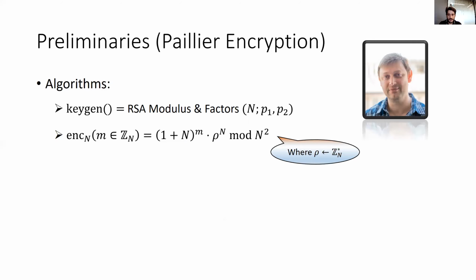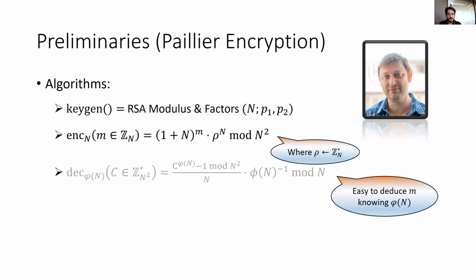To encrypt a message, the sender computes 1 plus n to the power of the message, which is masked using a random nth power modulo n squared. Finally, here's the decryption formula. It's a bit funny looking and it's not really necessary for understanding this talk. So just keep in mind that it's easy to deduce m if you know the factorization.